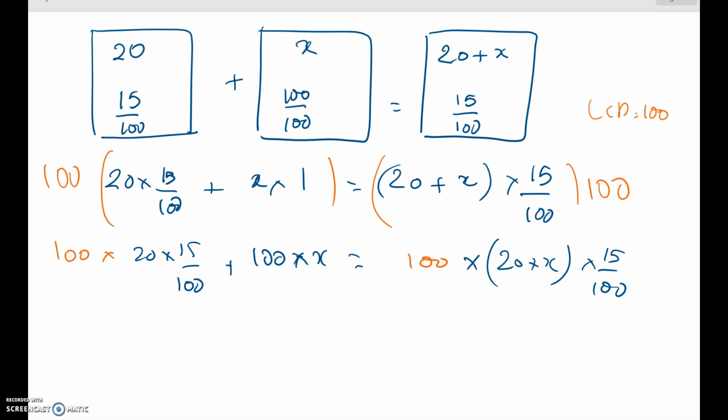Multiplying by the LCD both sides helps you to get rid of the denominator because the denominator divides out. Therefore, you end up now to have 20 by 15, it's going to be 300 plus 100X equal 15 by 20.